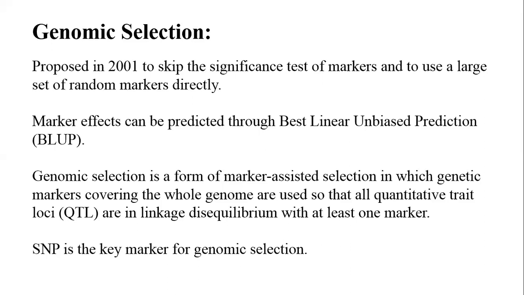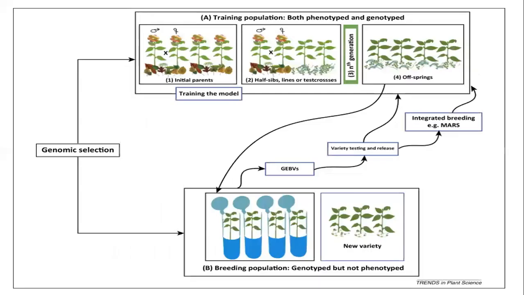That means there is a high chance of picking up one gene that is linked with one marker, and as we are doing the whole genome scanning, then the chance is much higher. The SNP is the key marker for genomic selection.